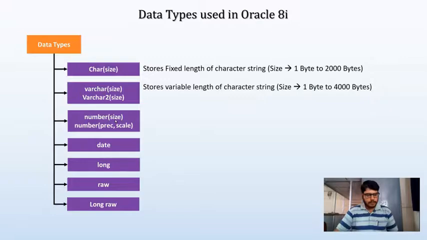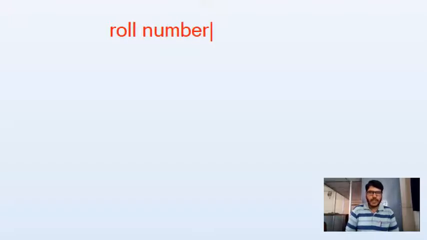Assume that I want to define a roll number. For this roll, I should mention the data type as number here, and within the parentheses, I need to specify how many digits I want to reserve. Assume that I want to store a maximum 3 digit number here or a 2 digit number.